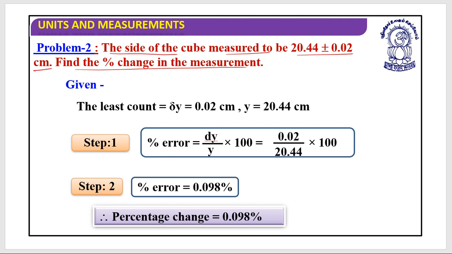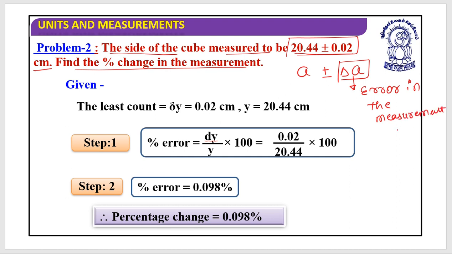Now, let's look at this number very carefully. When they give data as A plus or minus delta A, this delta A represents the error in the measurement, which we call the mean absolute error.